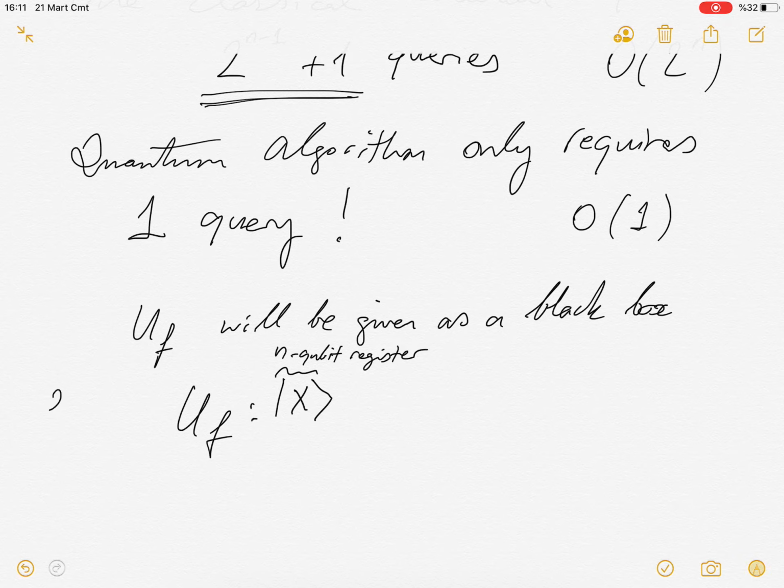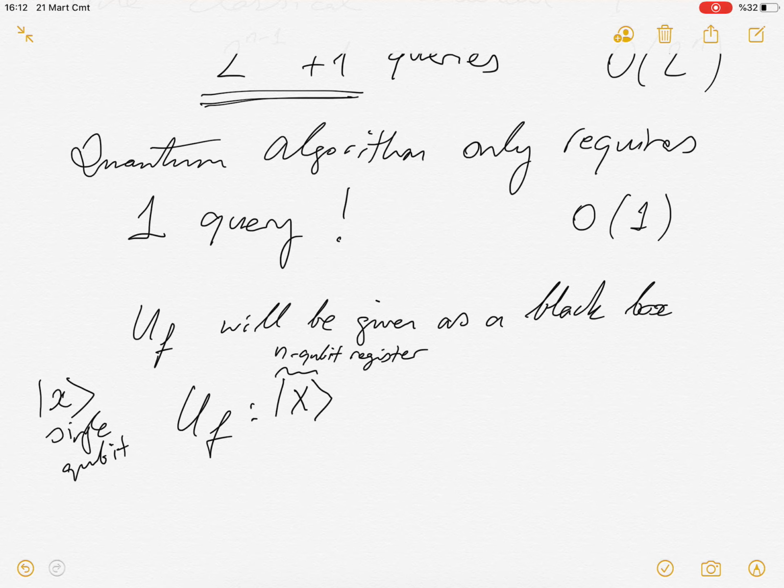Whereas the plain x that I usually write denotes a single qubit.